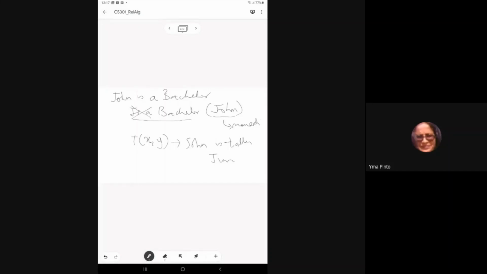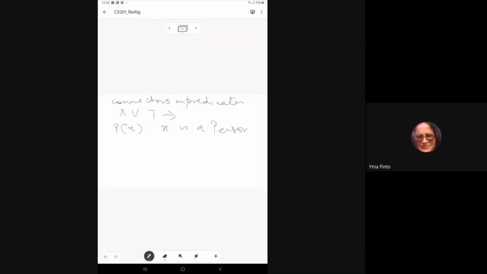Now it could be either true or false, depending on their heights. I don't know that, but the proposition that I'm putting across could evaluate to either true or false. This has two variables, so it's called a dyadic predicate. Just information for you right now. We really don't need these terms in SQL, but when we start solving, we will need these concepts.